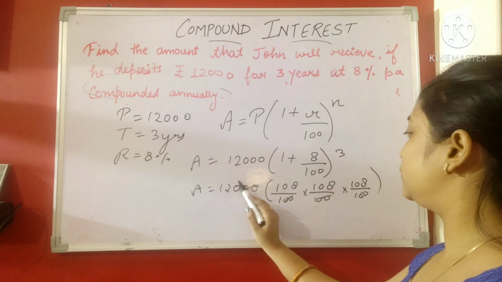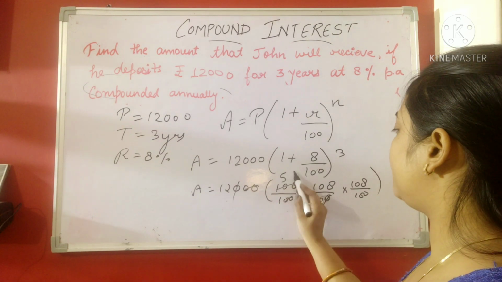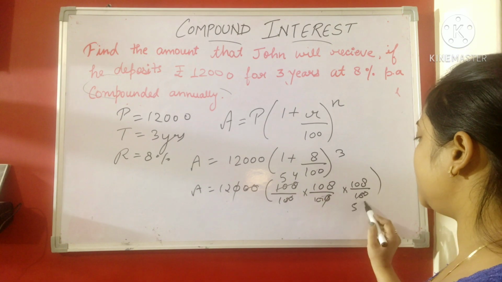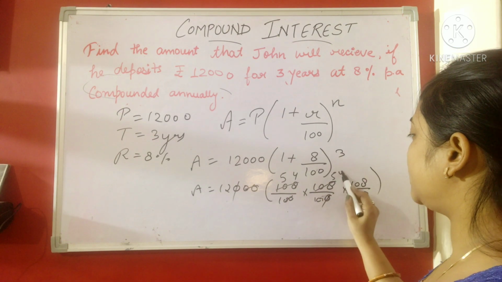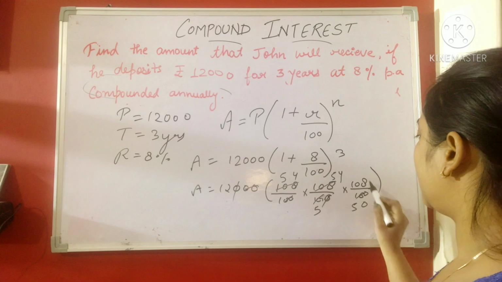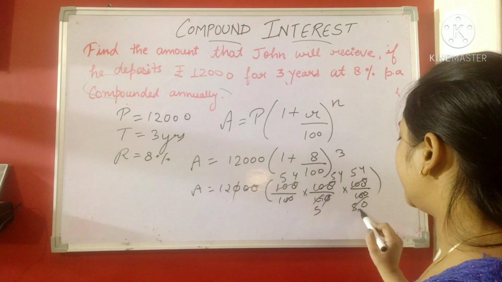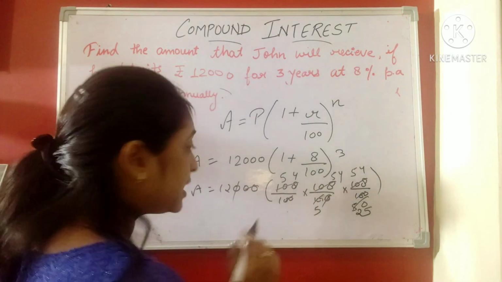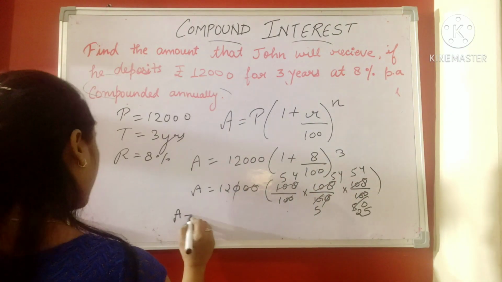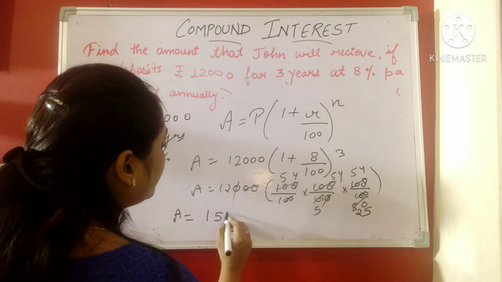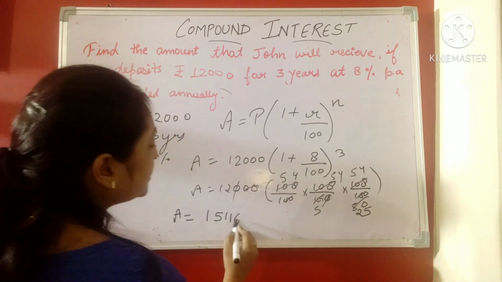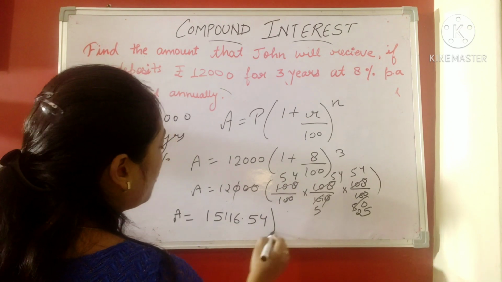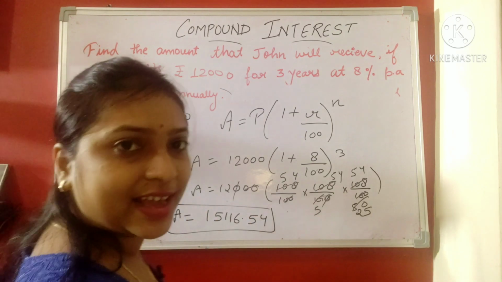When we solve, it's 54 by 50, again 54 by 50, and 54 by 50, which reduce to 54 by 25. Right, now we have to solve this, and on solving we will get 1516.54. Just check in your calculations.